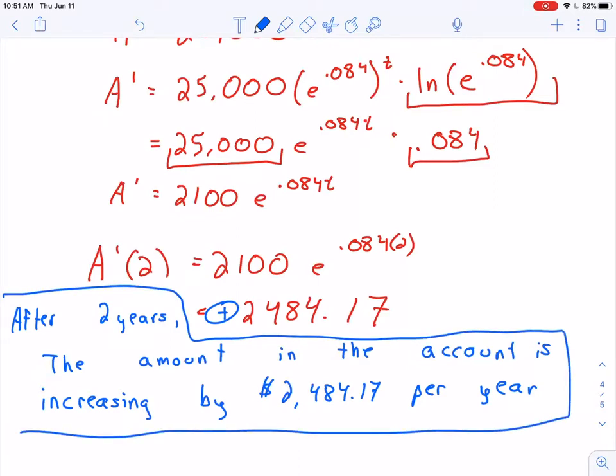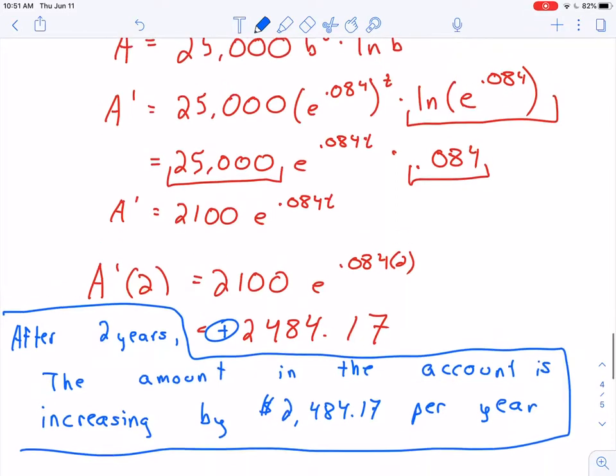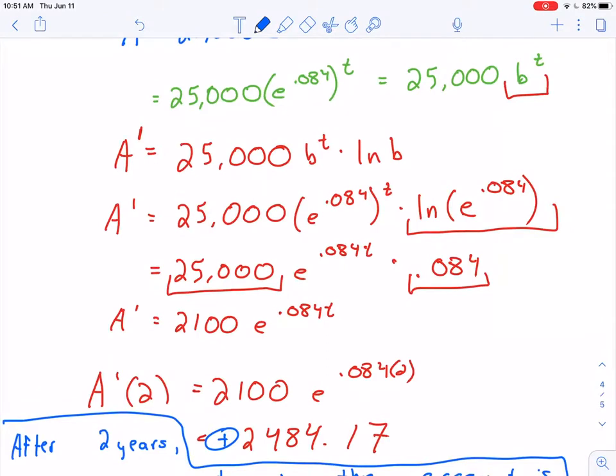So this was a really difficult problem. I will admit that this is a hard problem. I think making the substitution of e to the 0.084 as b is hard. But this is an example where we have to be able to take the derivative of something that looks like this. If we can't, we cannot do this problem currently.